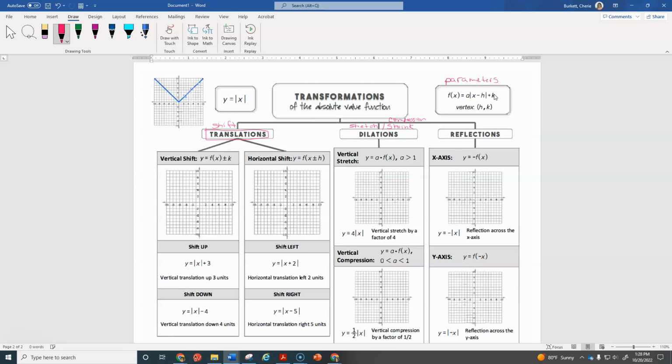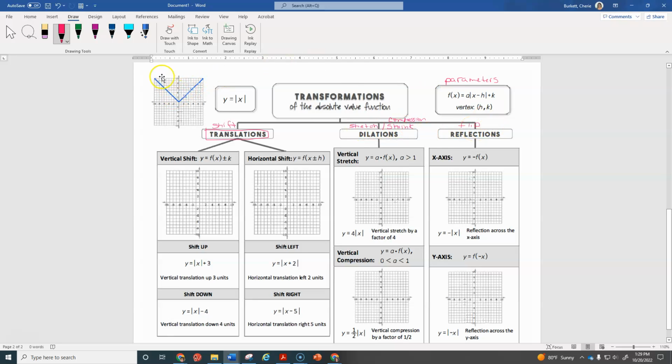And reflections. We'll usually use the more common word, maybe flip. So just be comfortable with any of those words, whether it's the formal mathematic word, translations, dilations, and reflections, or the more common everyday word, shift, shrink, stretch, compression, flip.